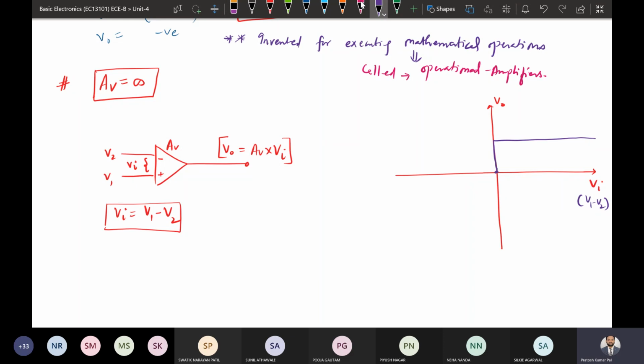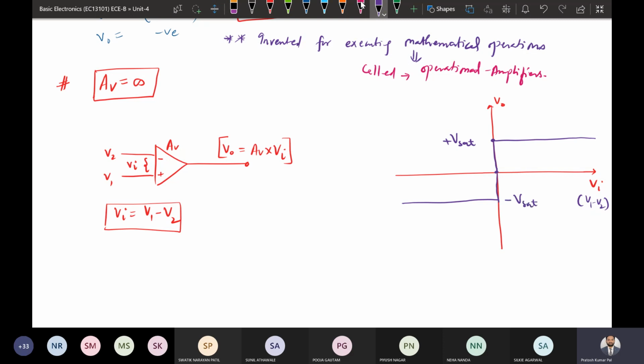Similarly, if the input voltage is negative, the output will be a constant negative voltage. So this value of positive output will be plus V sat, and in the negative case it will be minus V sat.